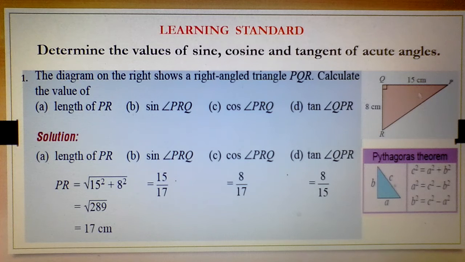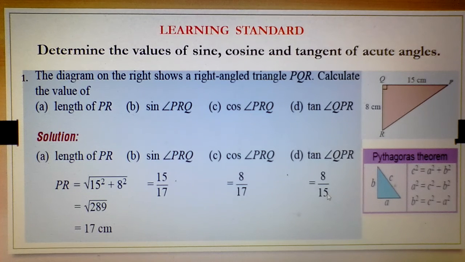Kalau cos PRQ, cos angle di sini, adjacent divide by hypotenuse. Okay. So 8 divide by 17. Tangent QPR. Sekarang nak cari yang ni pula. Tangent di sini ialah TOA. Opposite, adjacent. So 8 divided by 15.